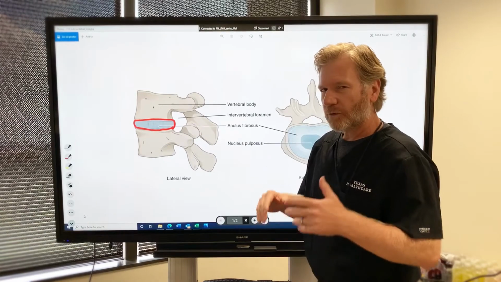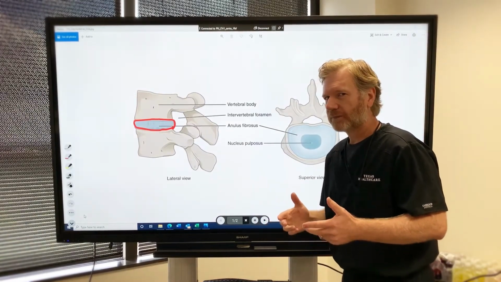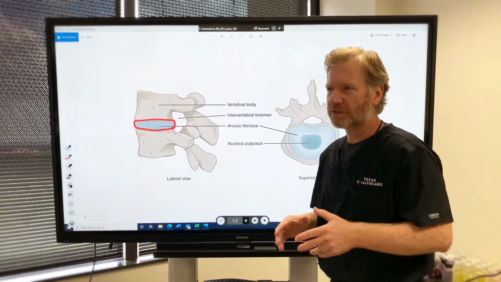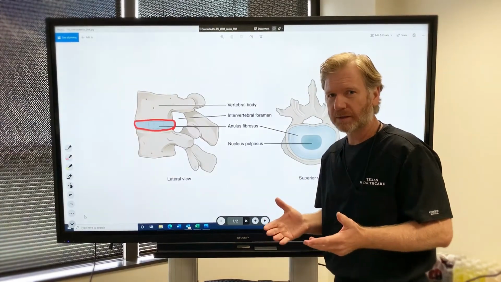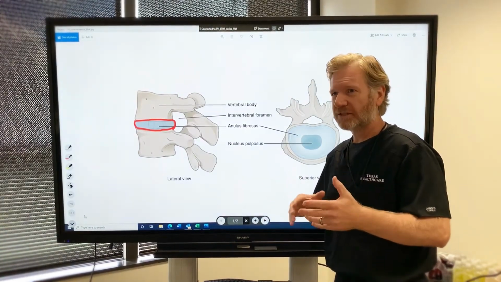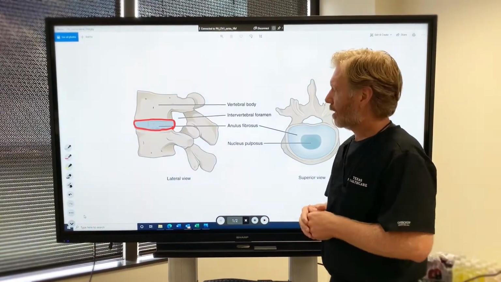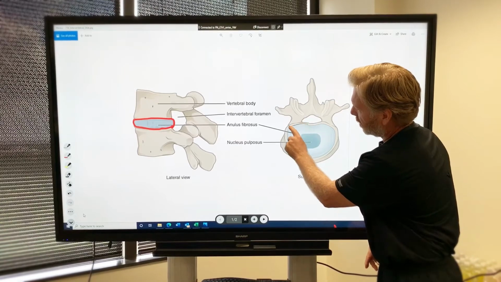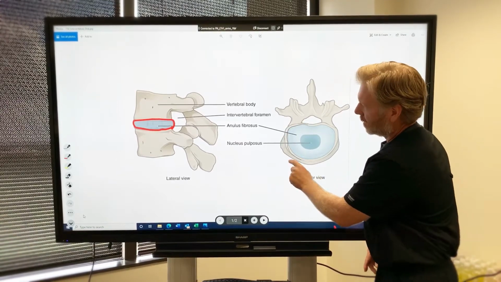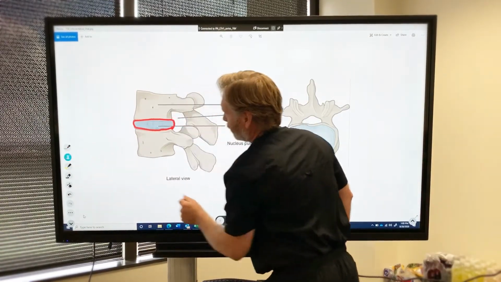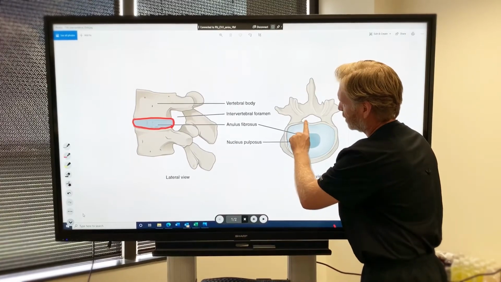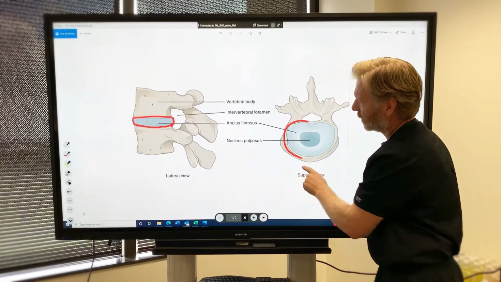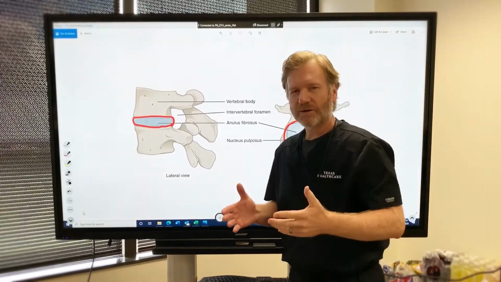Now, when we talk about herniations, let's not confuse that with a disc bulge. A disc bulge is something that's relatively common, and usually it just comes with aging. This is the vertebral body right here, and if we get a disc bulge, you may get this bulge coming out beyond that vertebral body, and it's kind of like on your tire.